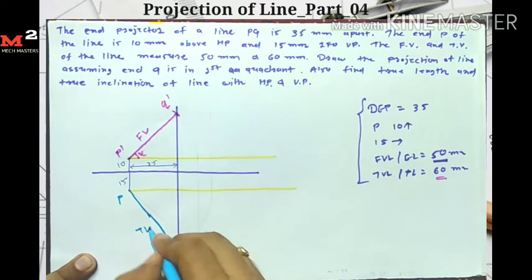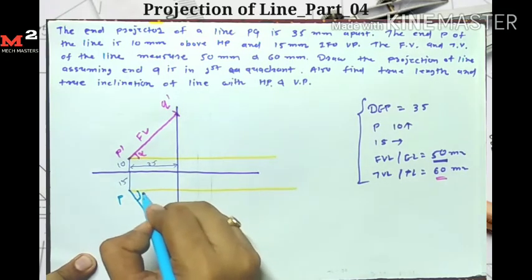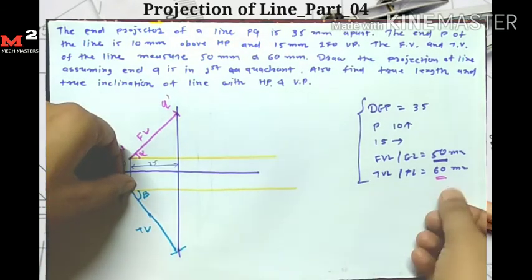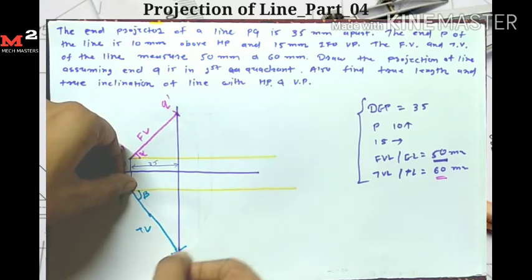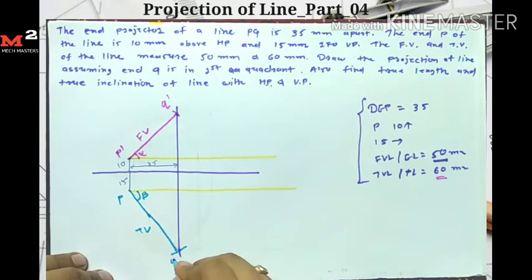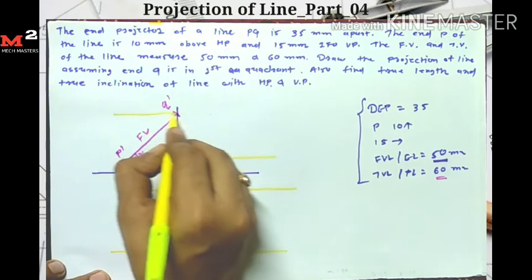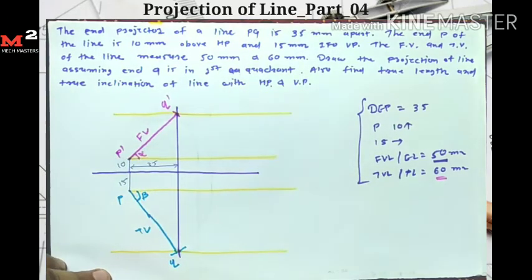So this is my final top view, and the angle made by the top view is the apparent angle beta. Here I get my point Q. Then I draw the locus for point Q, similarly for Q dash, so I have four loci now.